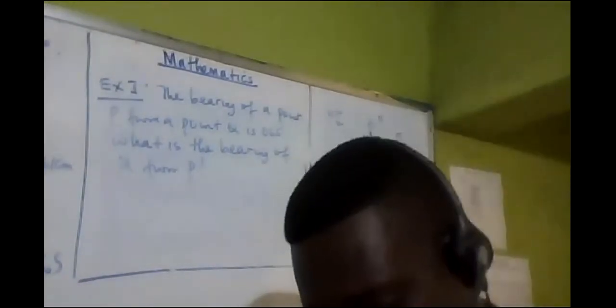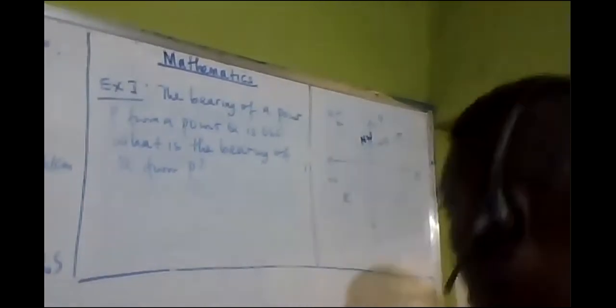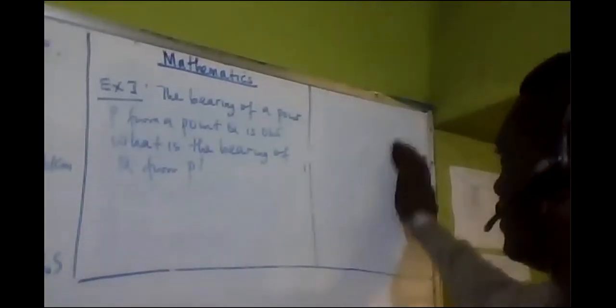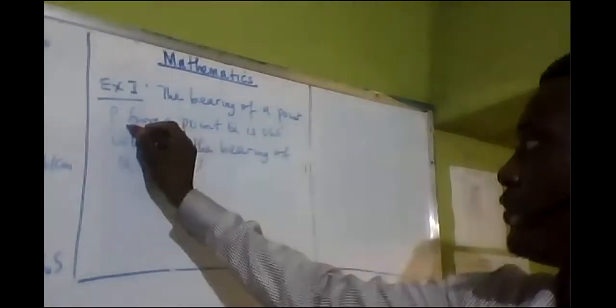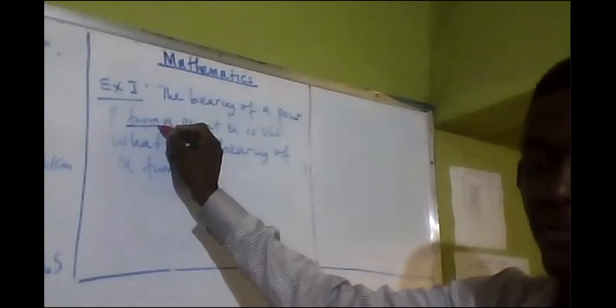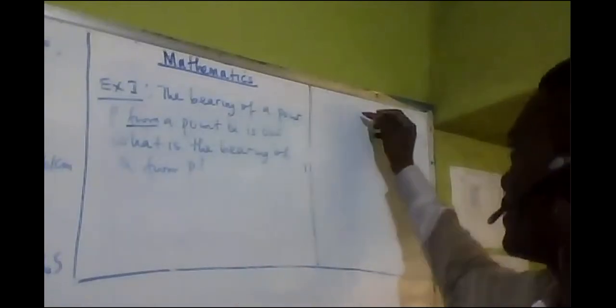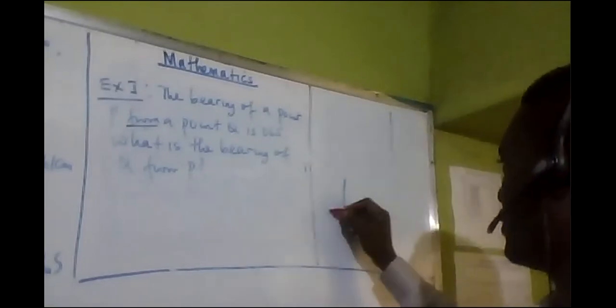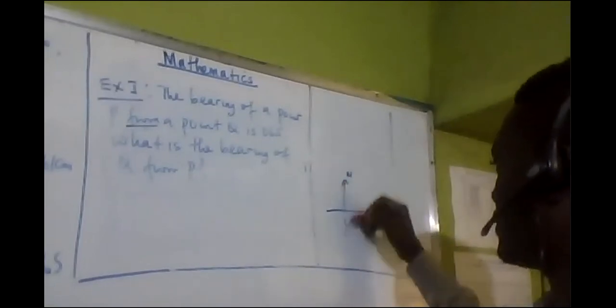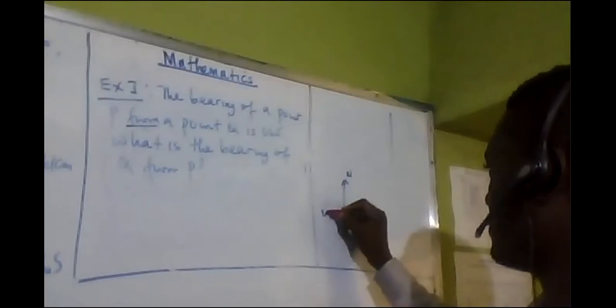So let's solve our question. The bearing of a point P from Q. Take note of the word from. If they say from Q, they mean that the bearing should be measured from Q. So this is our north, south, east, west.